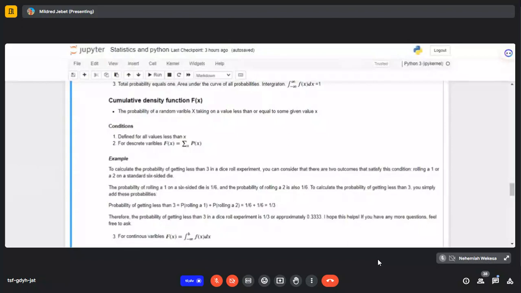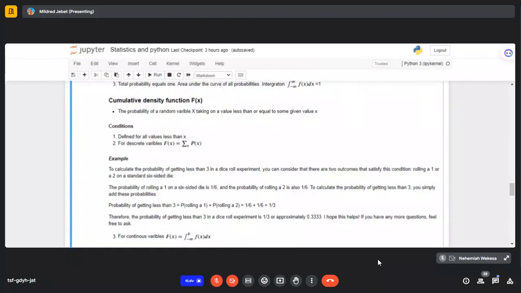The probability for each of them is equal, which is 1/6 each. If we need to find the probability of getting at most 3, that means I'm looking for the probability of getting x less than or equal to 3.